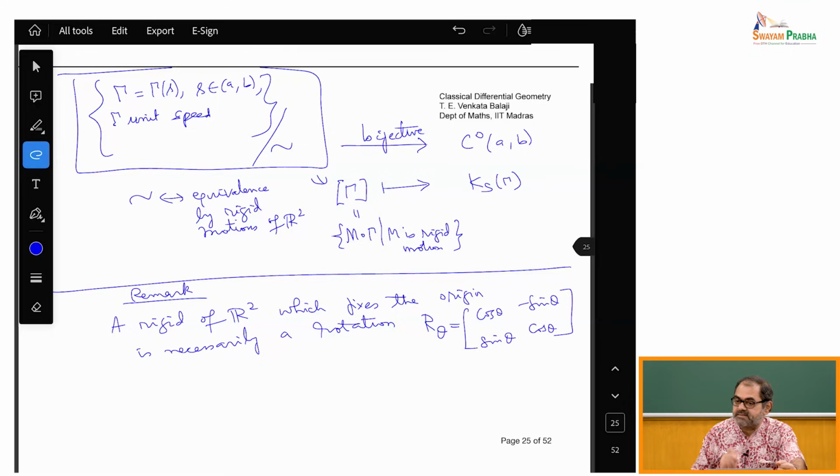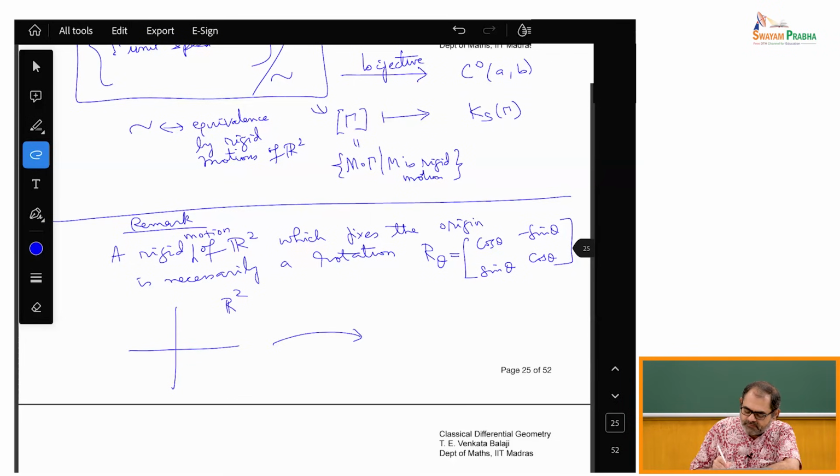It is necessarily a rotation. I should say a rigid motion here. And how do you see this?